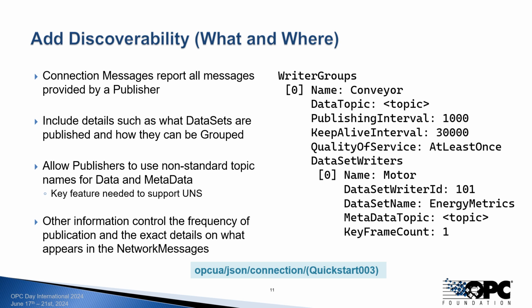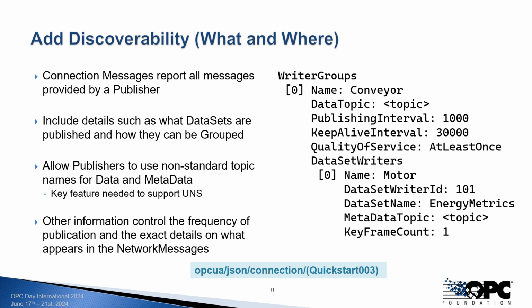The connection message also allows publishers to use non-standard topic names for data and metadata. And this is a key feature needed to support any sort of integration with a UNS system where you want to be able to build up your topic tree based on some sort of ISA 95 description of your factory.